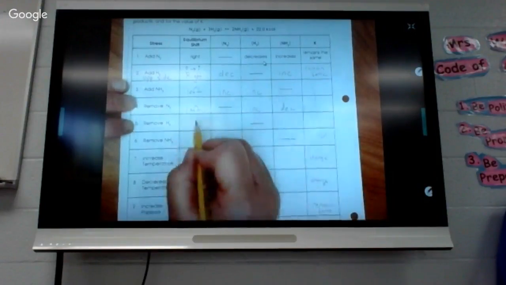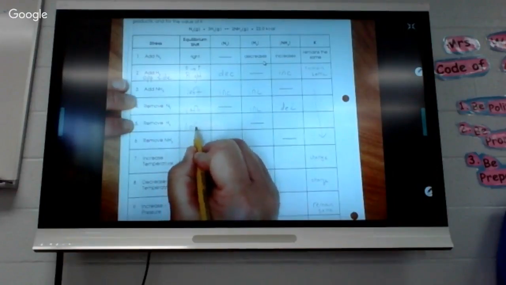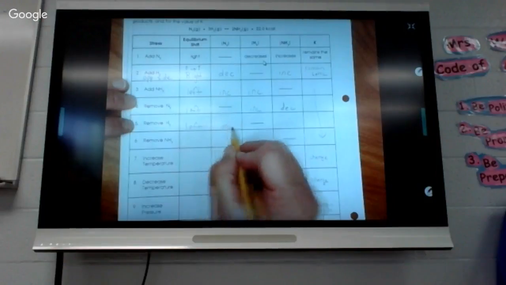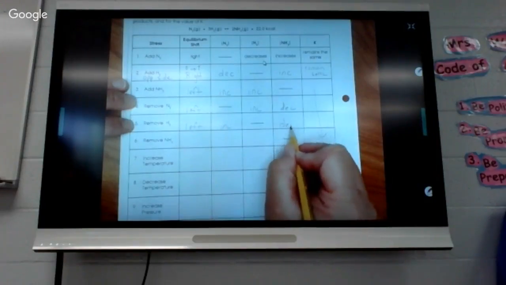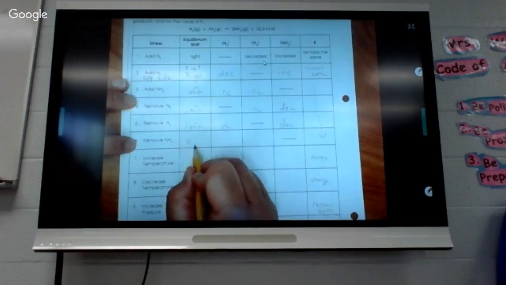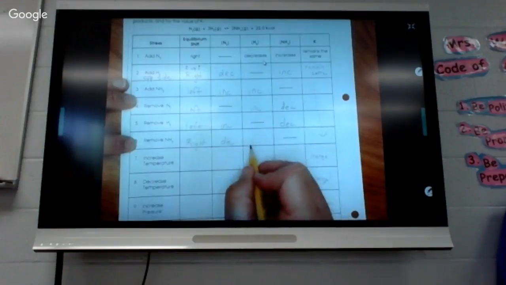If I remove H2, it will go left because it will go to the same side. So N2 will increase and NH3 will decrease. And if I remove NH3, it will go right, and that means N2 will decrease and H2 will decrease.